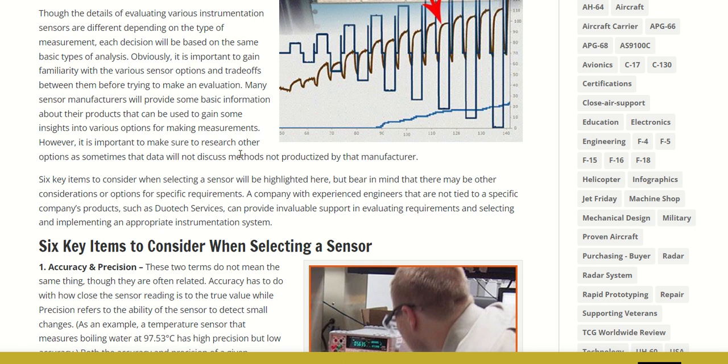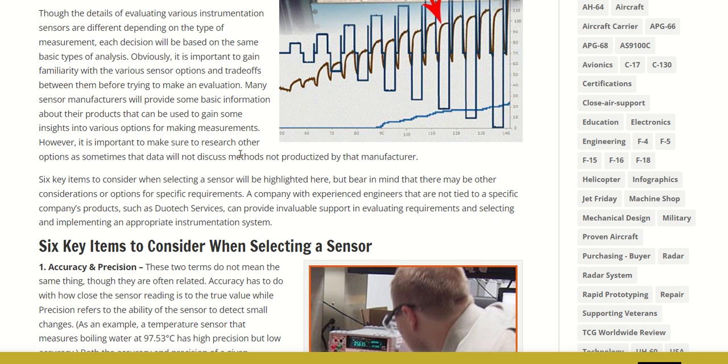Even though the details of evaluation for the selection of the sensor are very different and depend on the type of measurement, each evaluation will be based on the same basic types of analysis, right? And obviously it is important to become familiar with the various sensor options and the trade-offs between them before trying to make an evaluation.